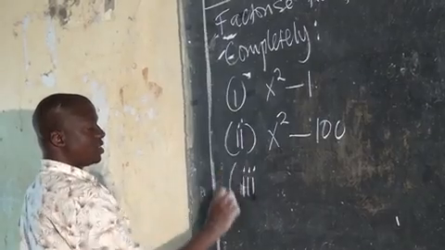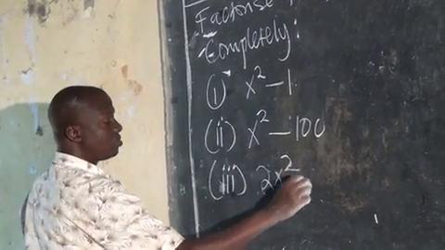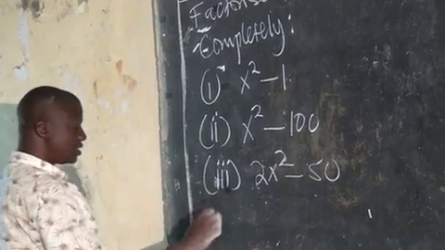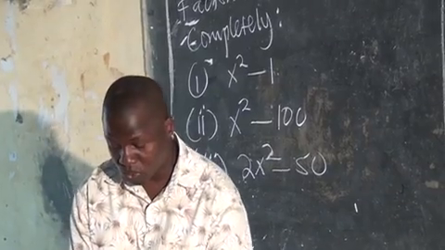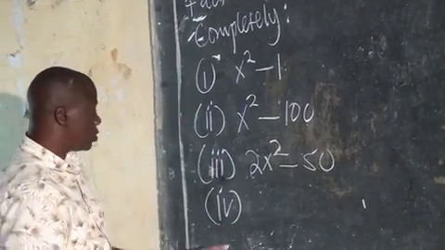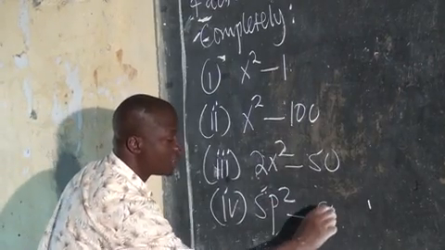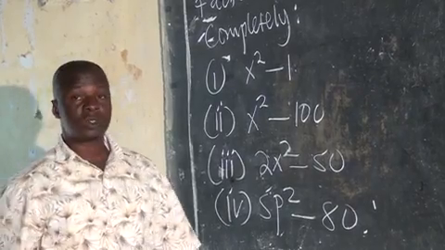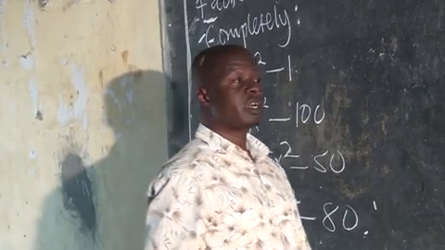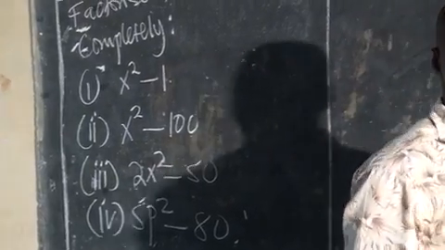Next, we have 2x squared minus 50. Next, we have 5p squared minus 80. So try them out at work during your free time.